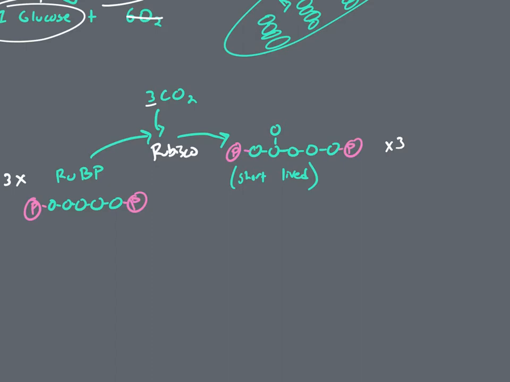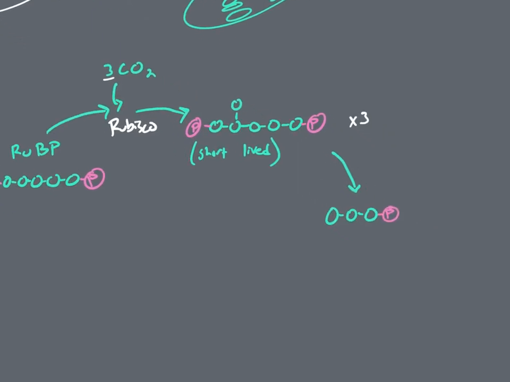So this molecule doesn't last very long. It's short-lived, and it changes forms. It gets modified to become a 3-carbon molecule. It has 1 phosphate attached to it.